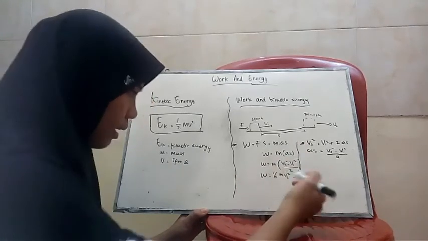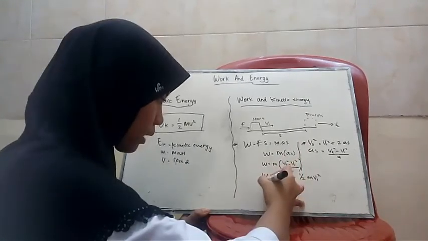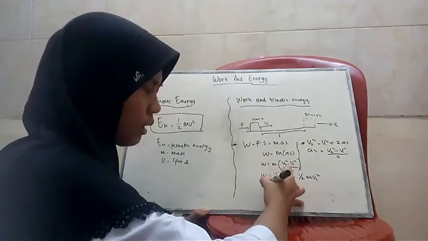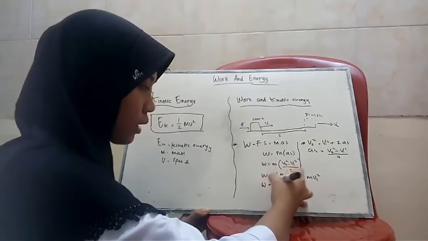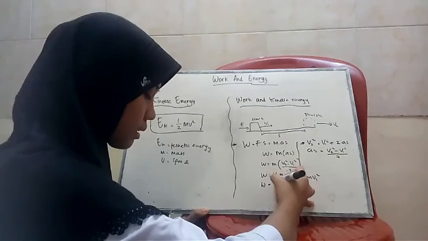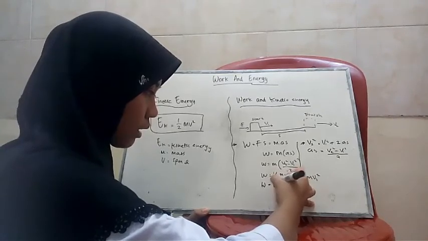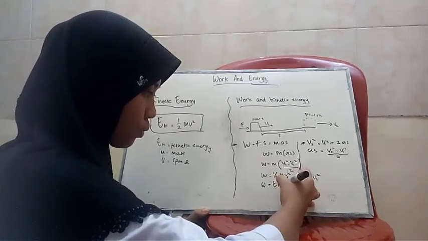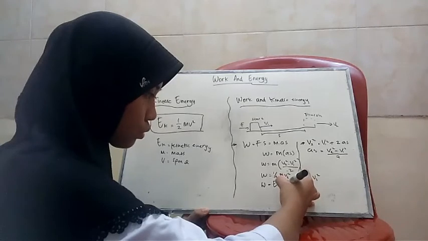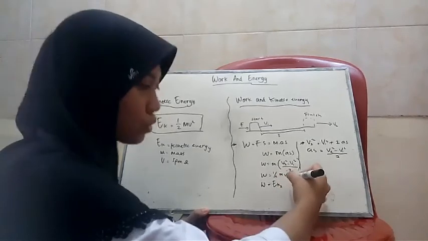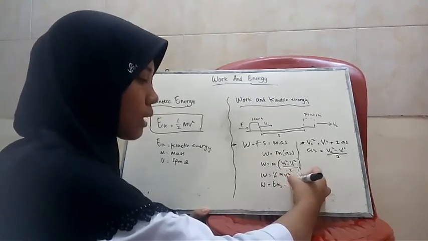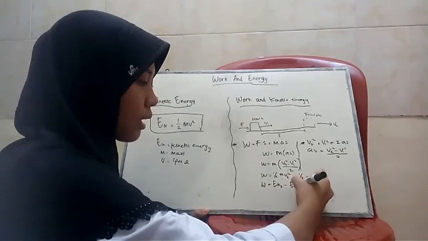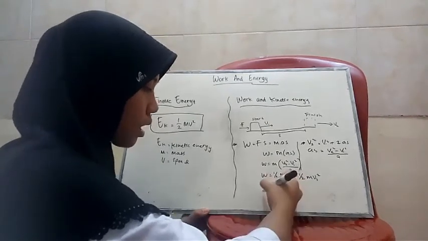From here we can know that W equals kinetic energy 2 minus kinetic energy 1.